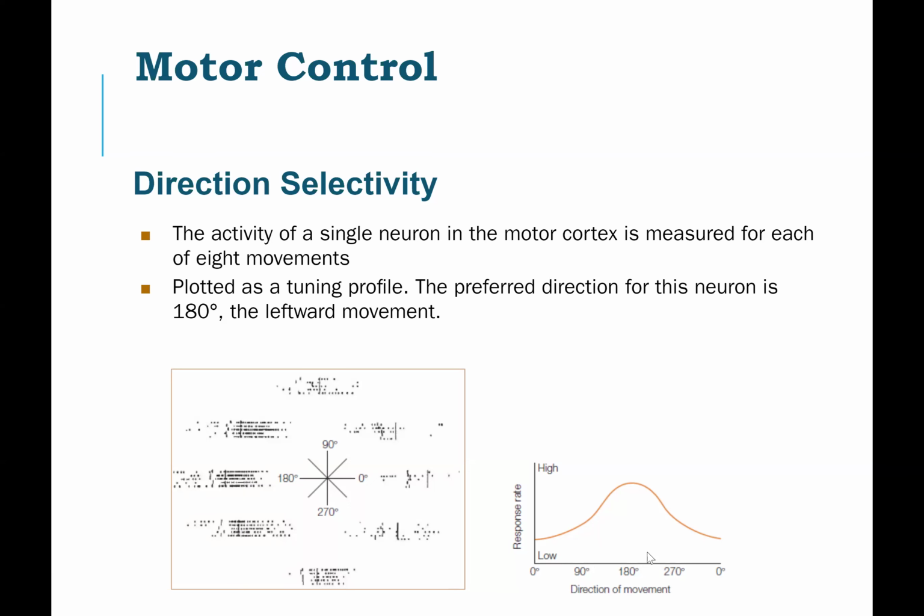And in this case, that's the case too. Let's say there is a cell that is highly active when you go in this direction, 180. The firing rate of the cell is at maximum when the lever, the hand, is moving in that direction. Imagine 0 is the opposite of that, so at 0 it's a very low response.